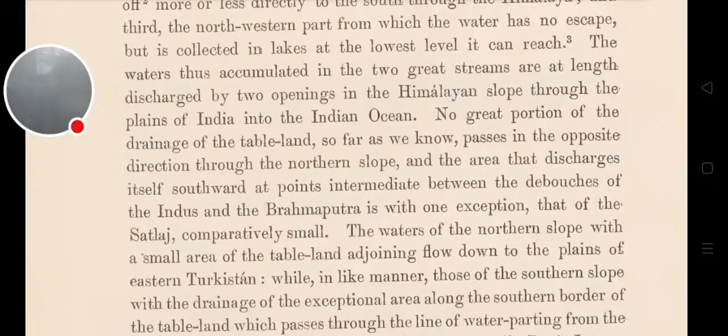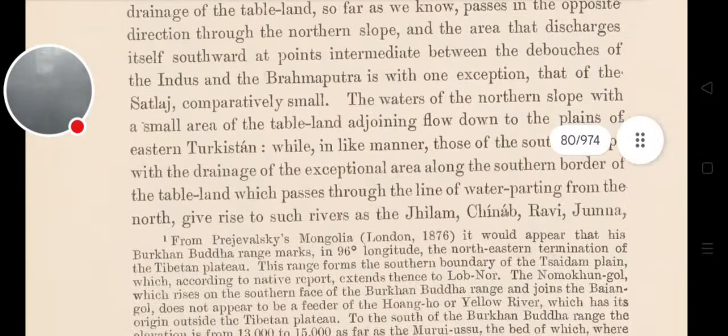No great portion of the drainage of the tableland, so far as we know, passes in the opposite direction through the northern slope, and the area that discharges itself southward at points intermediate between the debouches of the Indus and the Brahmaputra is, with one exception, that of the Sutlej, comparatively small.